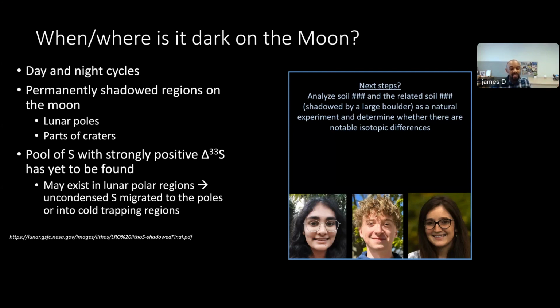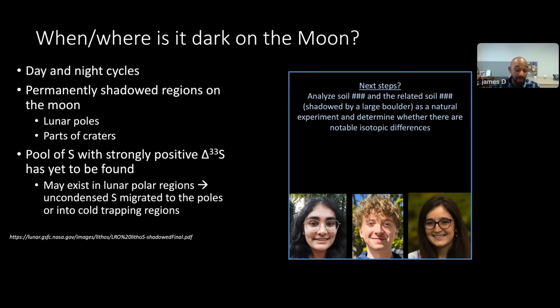And so this is a component that may exist, say, in lunar polar regions or condensed in other cold traps. We're not necessarily sure. And so there could be some additional effect of having permanently shadowed regions and micro cold traps in the processing of sulfur among lunar soils on the surface.